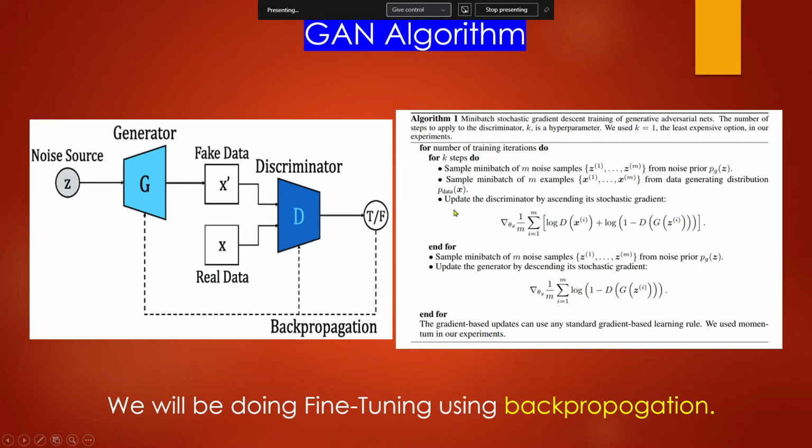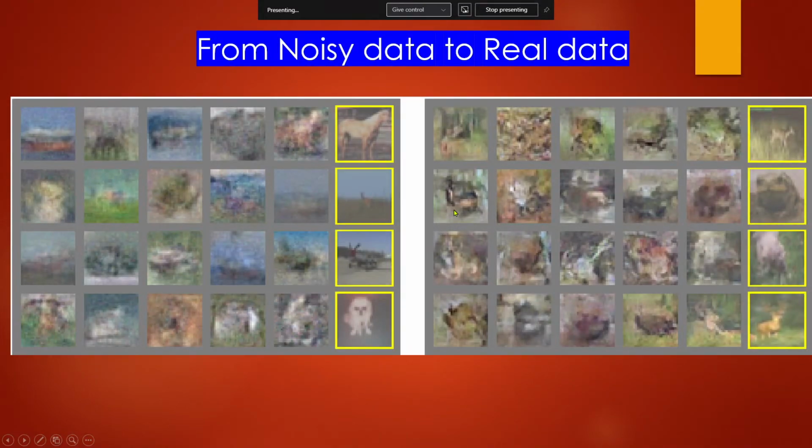I think you got a clear idea now. Yes, one more thing. What is noisy data? For example, this has been trained by a GAN. From these different noisy data, you can see that the GAN has produced images here that look real. You can see that it looks closer to a dog.